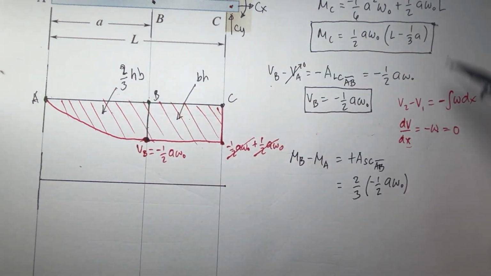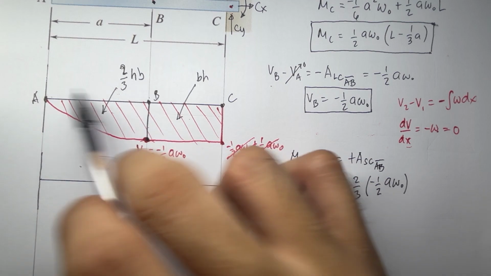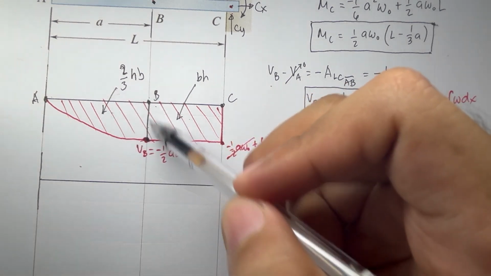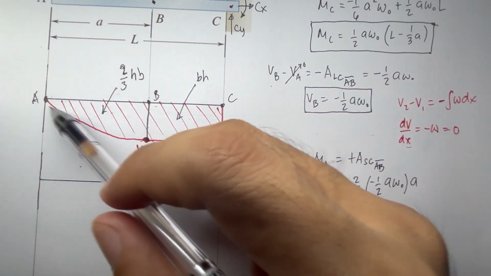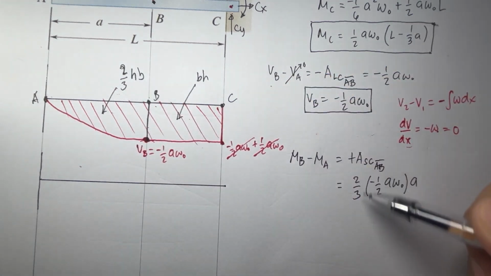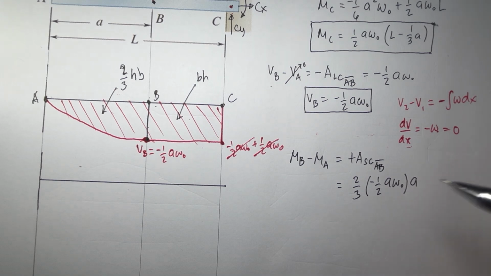So the base here from A to B is just A, so we multiply this one by A as its base. Again, the area of half of the parabola is just 2/3 base times height. So we have 2/3, height natin is negative 1/2 A omega naught times our base, which is A.